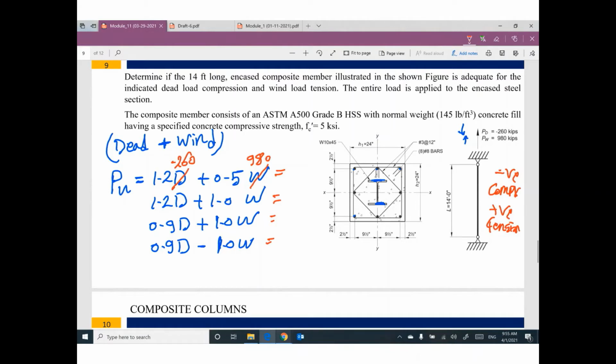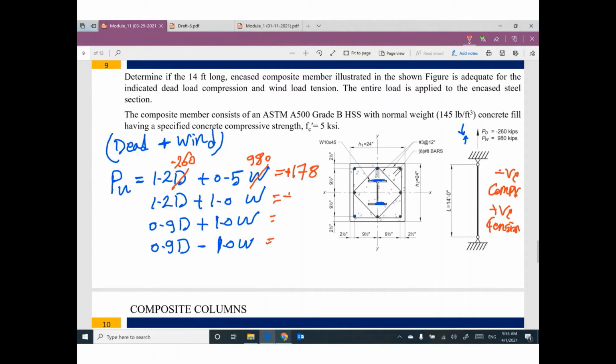Put the value of dead load, negative 260, wind 980, and find the values here. So we have 1.2 times negative 260 plus 0.5 times 980. This one will be 178 tension, positive. 1.2 times negative 260 plus 980.